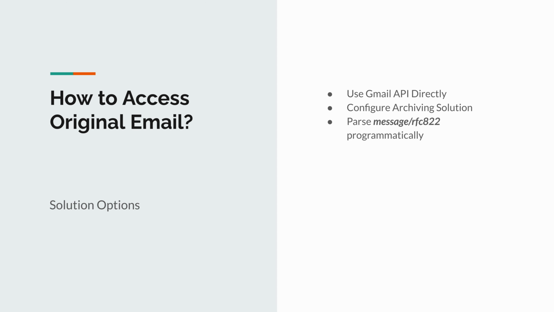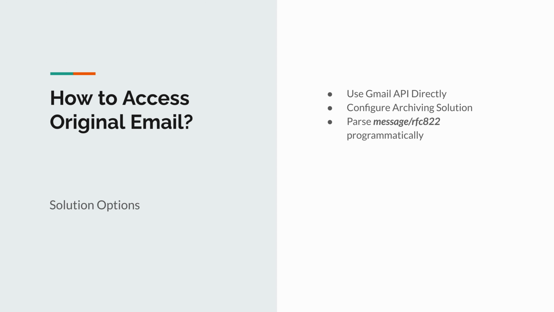Option 2 is to explore third-party archiving solutions. Some off-the-shelf archiving solutions offer settings to control the level of encapsulation. You have to check your solution's configuration options to see if you can adjust the format of received emails.